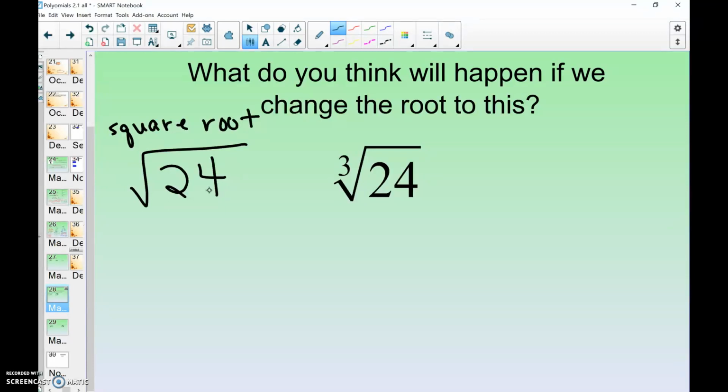And really what you don't see here is there's really a little 2 tucked in there. Kind of like how x is really equal to x to the first power, but we don't write it because it's assumed that that's the case. There's no first root of something because then it would just be the number. So the smallest root that we can have is a square root, which is a 2. So normally we don't write the 2 in there. So that's why it's not normally there.